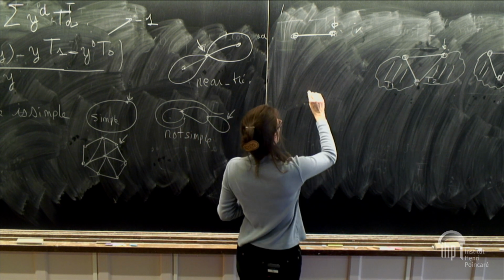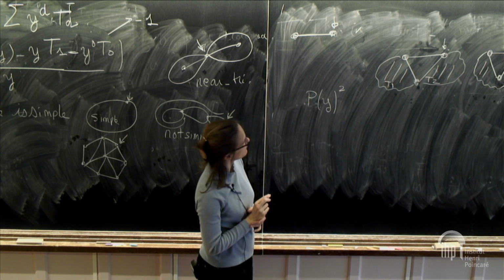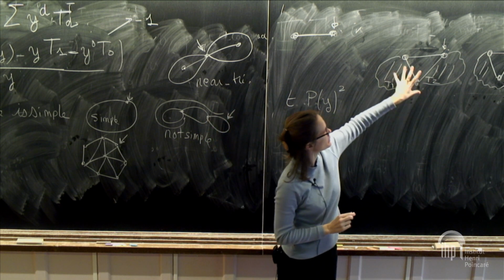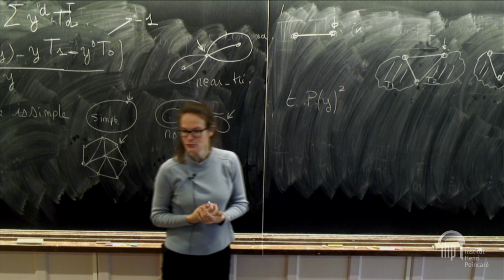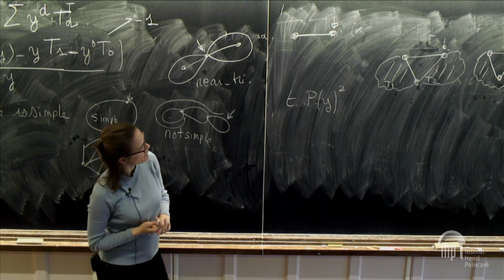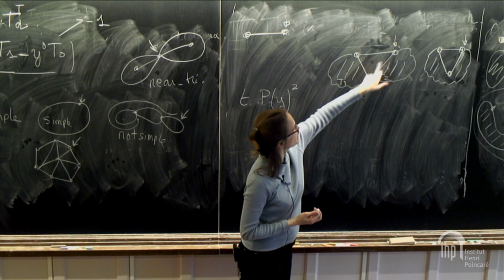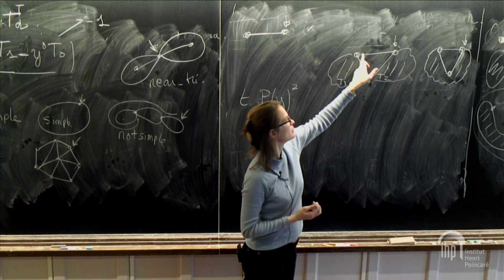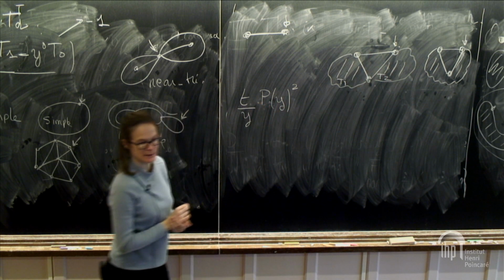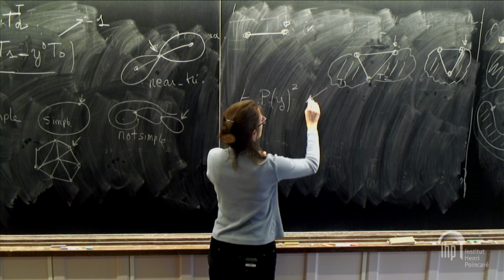So say you take two polygons, then one more edge, the root edge, and what happens? What should I do for the y that records the outer degree? Divide by y. Yeah, because you had these two edges that are no longer on the boundary, but you have added one along the boundary. Okay? So that's this type of maps.